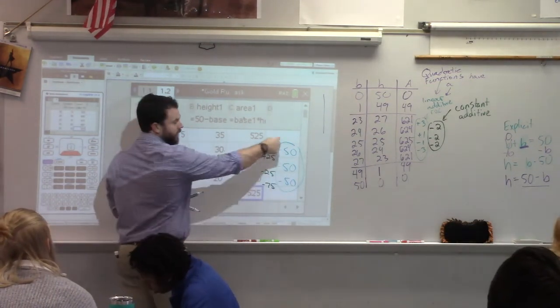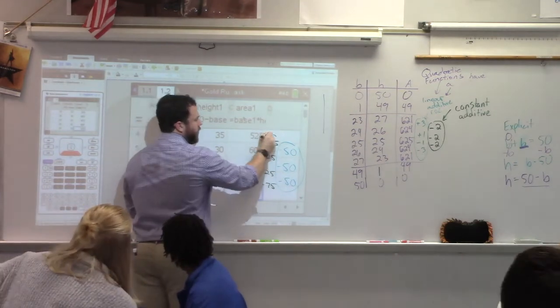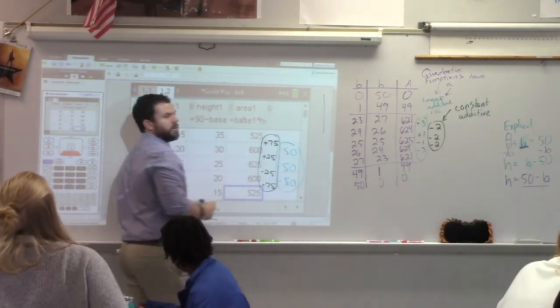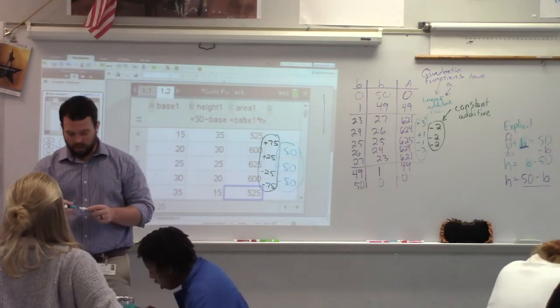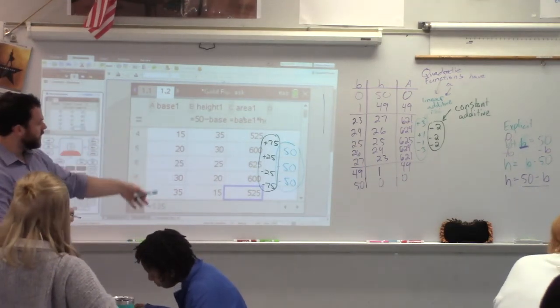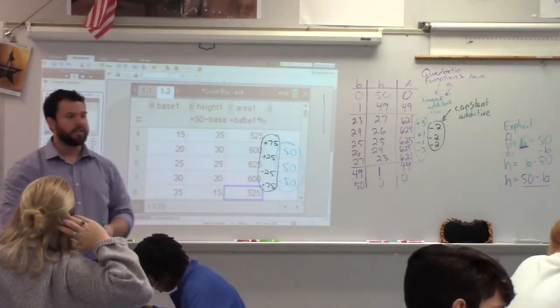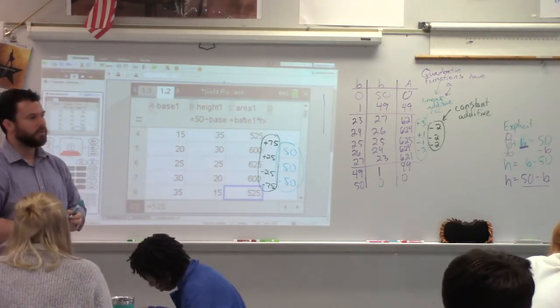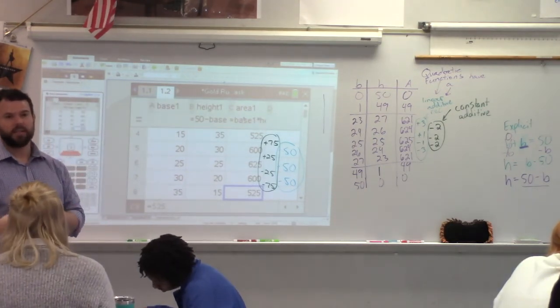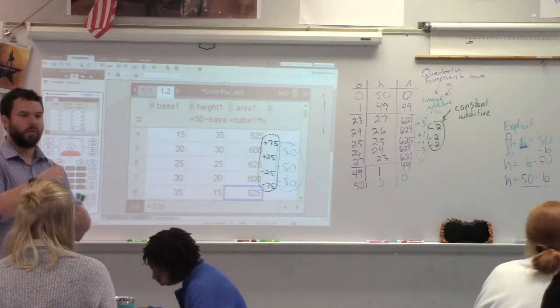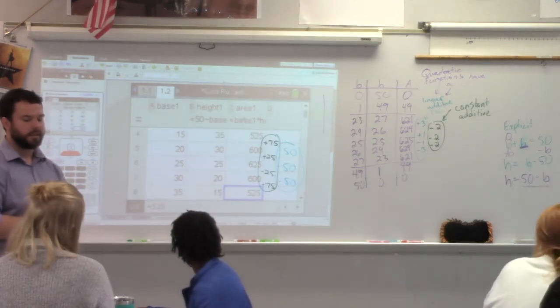Constant. Well, notice that's constant additive. So this rate of change is linear additive. Constant additive on that second set. So the first one, the rate of change is my linear additive rate of change. Right? So anytime I see constant additive, I know what came before it is linear. And so it would be a linear additive rate of change.